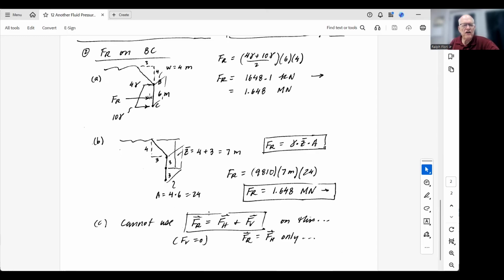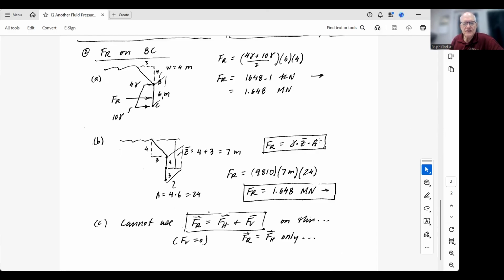And so FR on this vertical section is the area of the trapezoid, which is 1/2 of 4 gamma plus 10 gamma, times the length of the plate, which is 6, times the width into the board, which is 4. And so the FR is 1648 kilonewtons, or 1.648 meganewtons, or 1.648 times 10 to the 6th newtons.